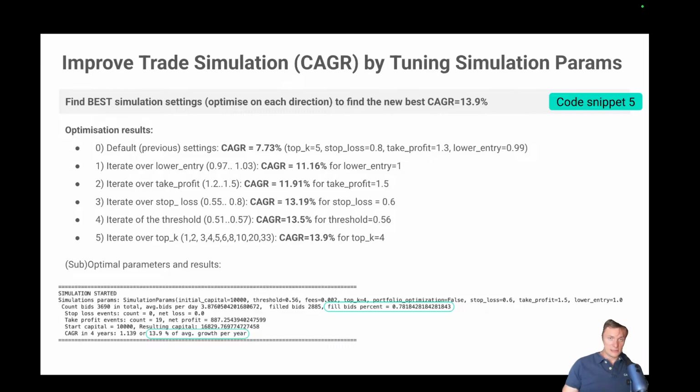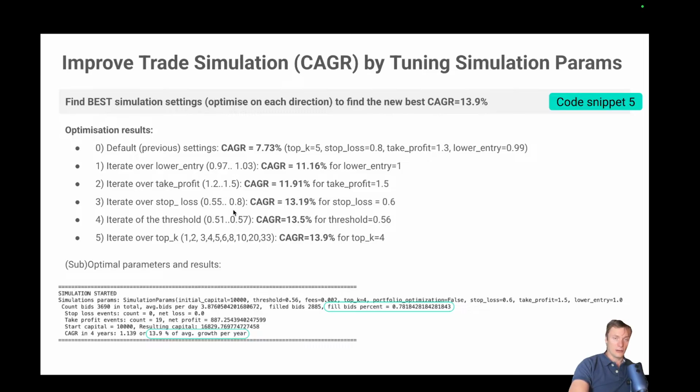It's not worth it to sell at 1.2 or 1.3. If a stock gained 20 or 30%, maybe it will gain more. So that's why it said you need to have take profit 1.5, and CAGR grew to 11.9.